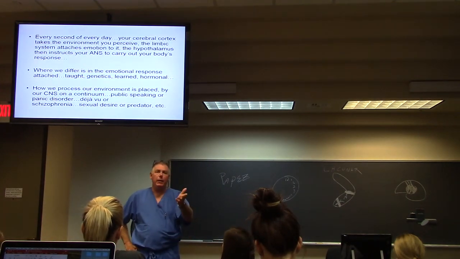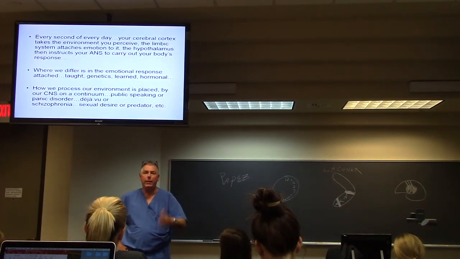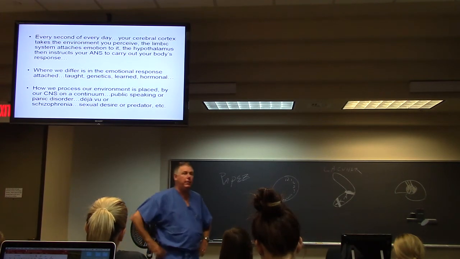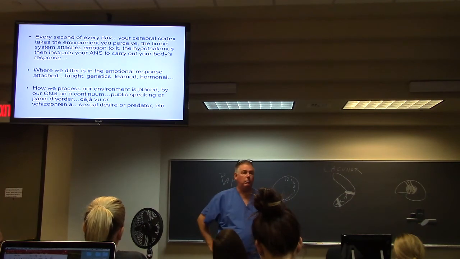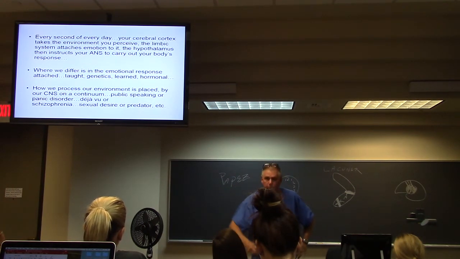Why is it that I can get up here and talk in front of 36 people? I presented a talk to the American Academy of PAs last year. There were 1,200 people in that room. Didn't bother me a bit. Stood right up there, just like I was talking to you, I talked to them. Public speaking, not an issue with me.